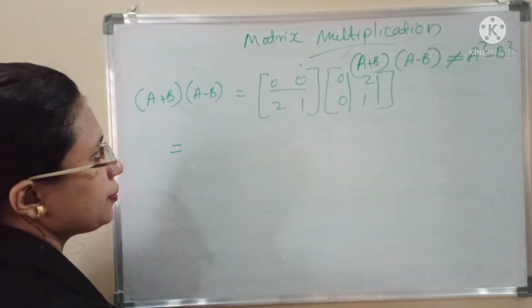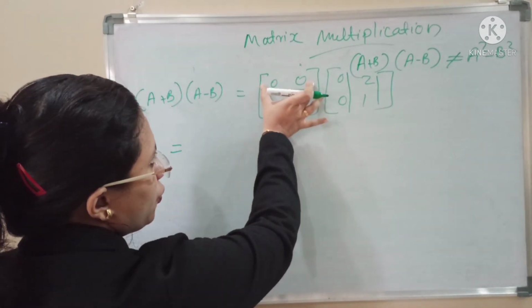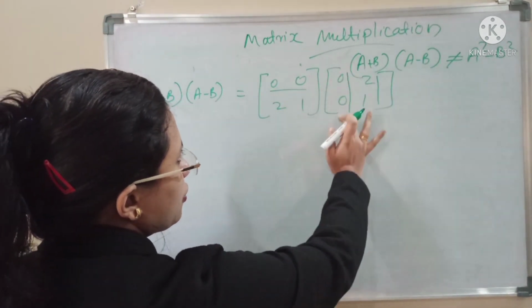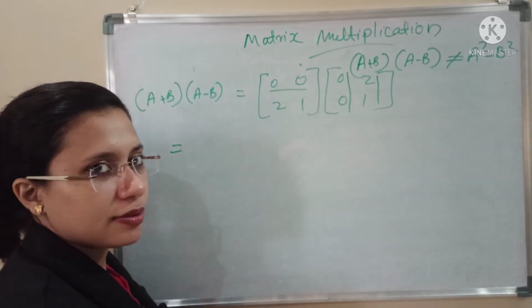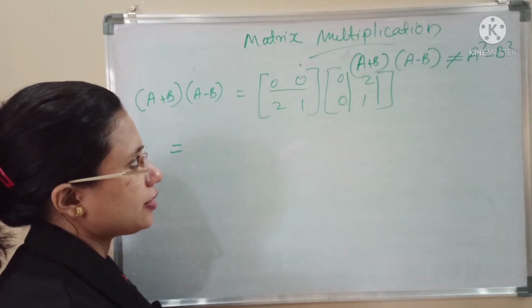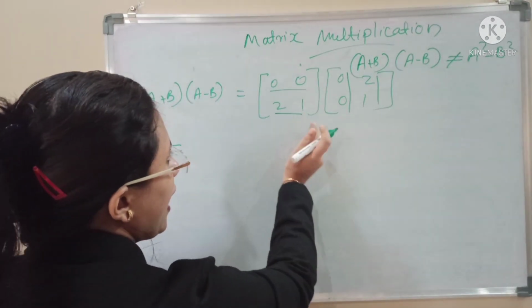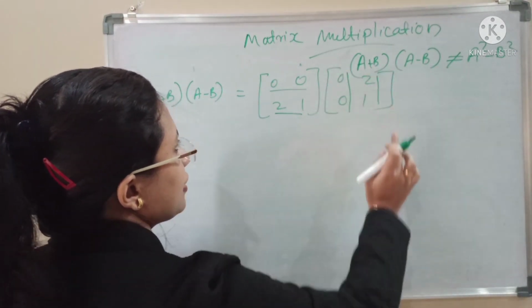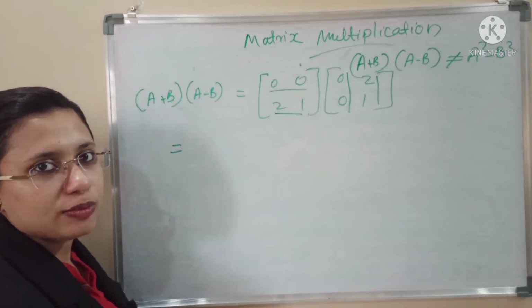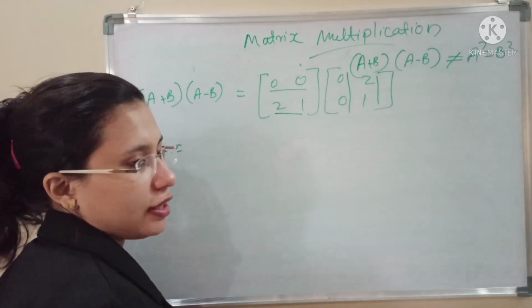So we'll take the first row, then we'll do the operation with both the columns of the second matrix. Then we'll take the second row and again multiply with the columns of the second matrix. So let's see how.